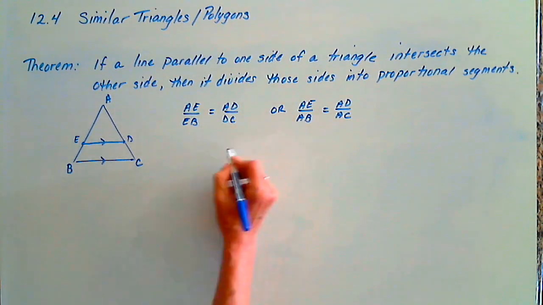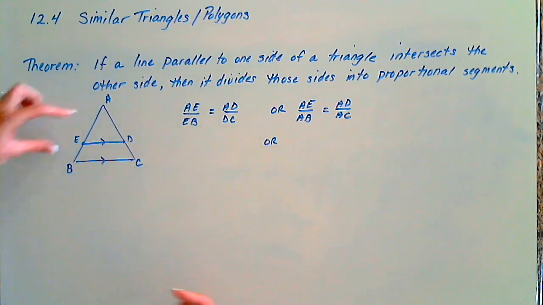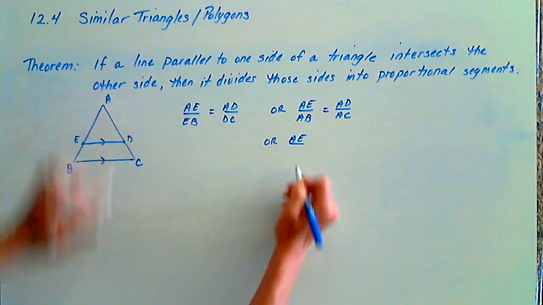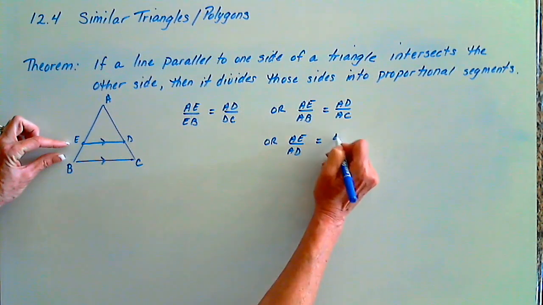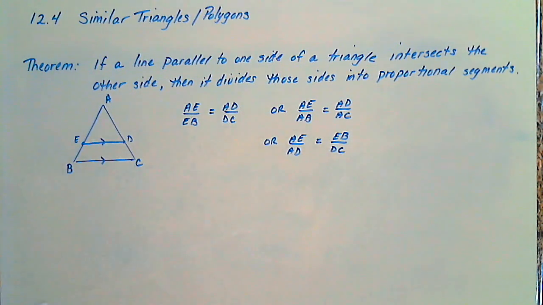Or you could look at the components themselves. AE is to AD as EB is to DC. So there's all kinds of ways we can set this up based on what we are given.